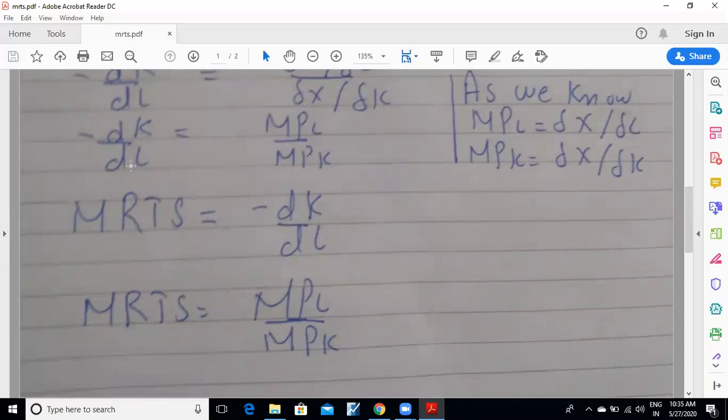So we can write that MRTS for labor and capital is equal to MPL over MPK. So we have proved that the marginal rate of technical substitution is equal to the ratio of MPL to MPK.